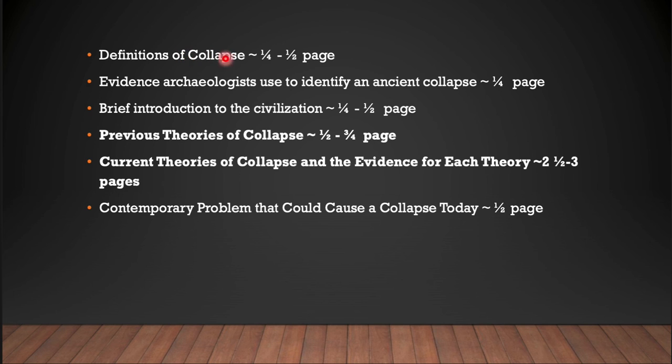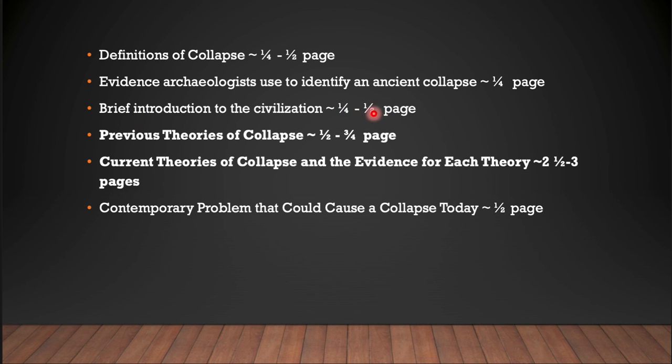And I have kind of in the paper, so if this is a 5-page paper, for example, roughly about a half a page will be a definition of collapse or less. A quarter of a page will be kind of listing some of the pieces of evidence archaeologists used to identify an ancient collapse. So about a paragraph. Introduction to the civilization. Brief, right?